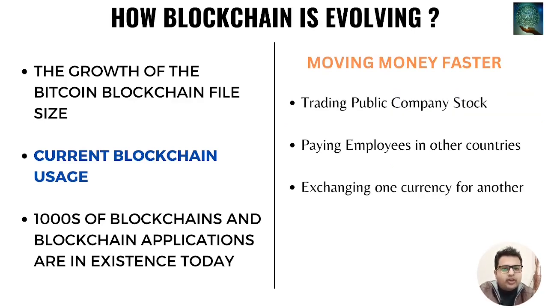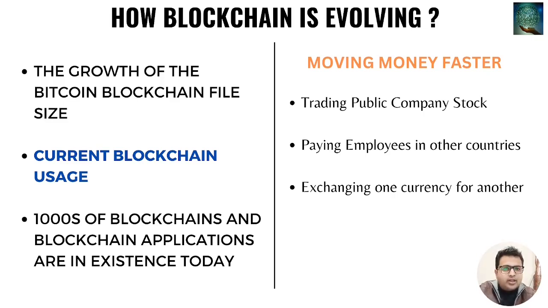If I talk about moving money faster, trading public company stock. Many people are trading public company stock using cryptocurrencies and paying employees in other countries. Let us suppose you have a remote setup where you have employees all across the globe. Now you have to pay them. If you go for a traditional mechanism, you have to pay commissions to the intermediaries, and also the process will be slow.